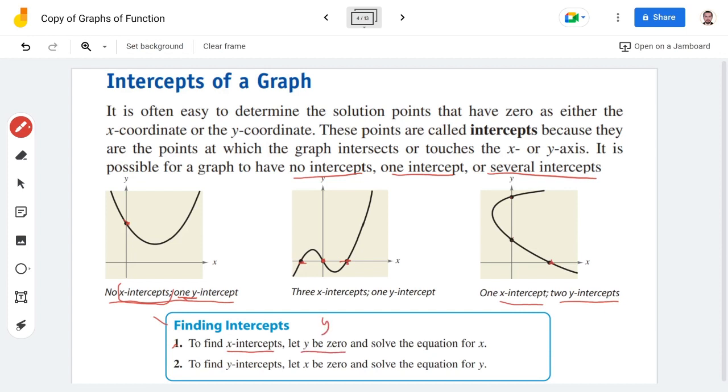So we will replace y with 0, then we can solve the equation for x. And to find the y-intercept, which is this point here, what do we need to do? We let x equal 0, and solve the equation for y. Clear? Okay.